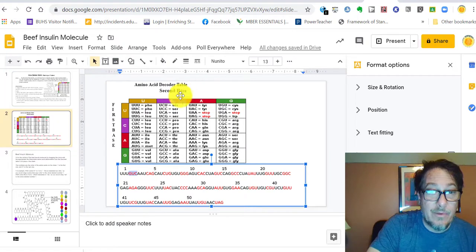You go to the top here and find the letter U, and what that tells you is where your first letter and your second letter intersect is where you're going to find your amino acid. Now, what we can also see here is that GUC stands for valine, VAL. In fact, any third letter would still end up with the amino acid VAL. But so, okay, we know it's VAL.